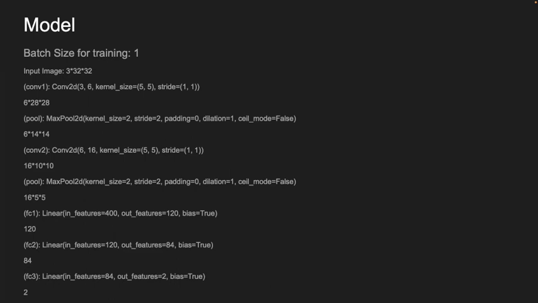So we have 2 convolutional layers first, and then 3 fully connected layers after the convolutional layers. And finally, we got the train accuracy at around 90%.